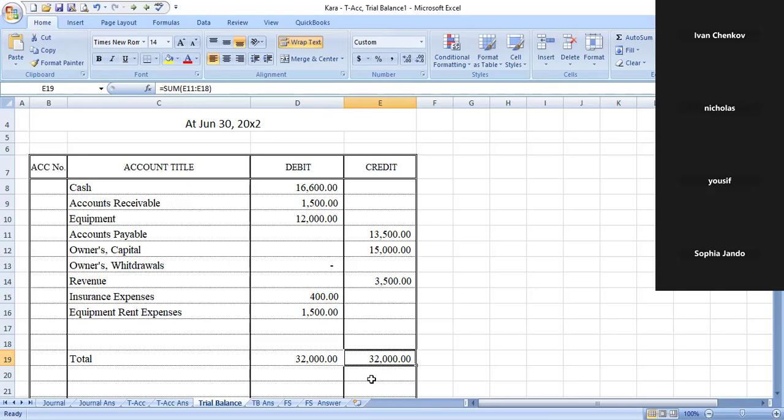So from here, what can we do? We can start preparing simple financial statements. What's the first thing that the owner of the company wants to know? When you open the company, why did you open your company? You said before, because you want to generate what?